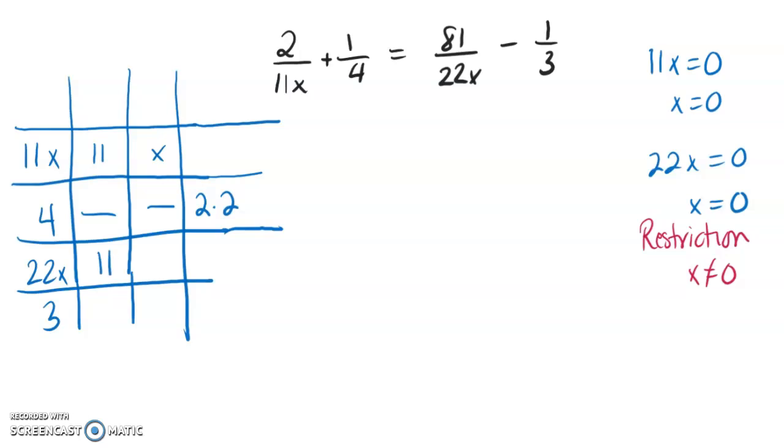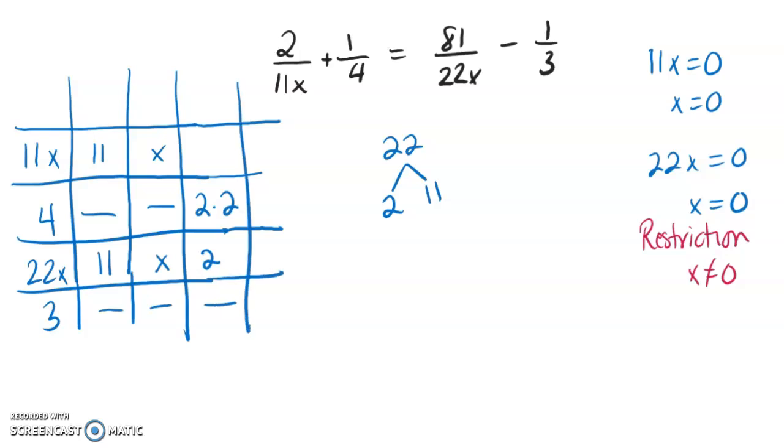It's 22x. It's made up of 11 times 2 times x. So 22 is not prime. It's made up of 2 times 11. And then we have the x there too. And then lastly, we have 3, which is a prime number. Does not have any of these factors, but it has its own factor to introduce.